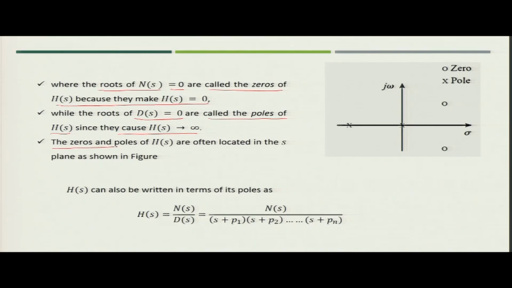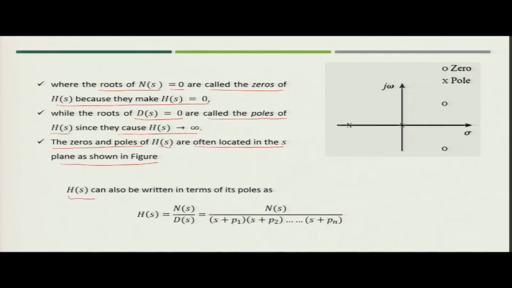Now, zeros and poles of H(s) are often located in the S plane as shown in the figure. Generally the poles would be in the left half plane and zeros can be at any location, whether here or maybe on the imaginary axis.